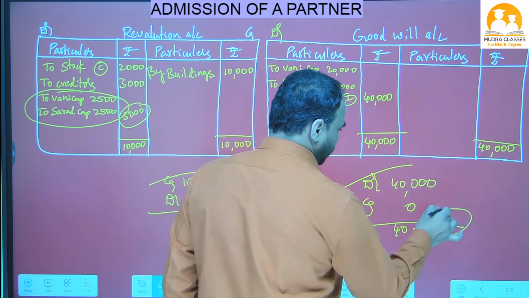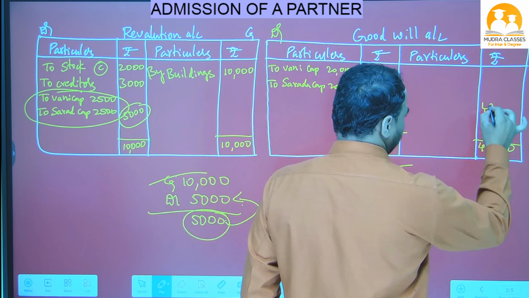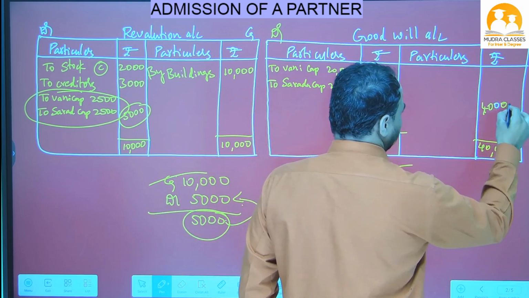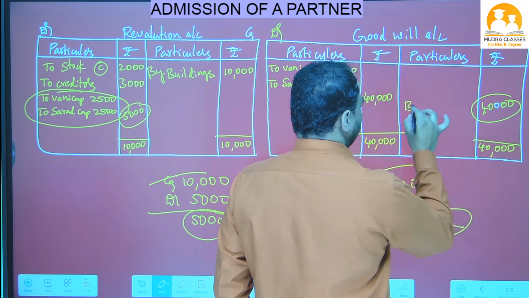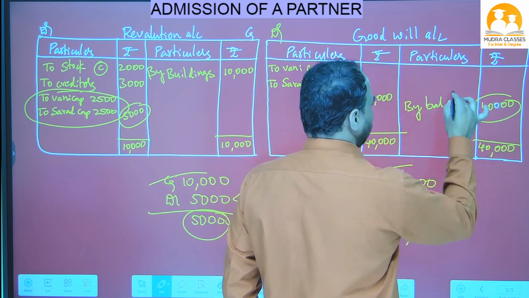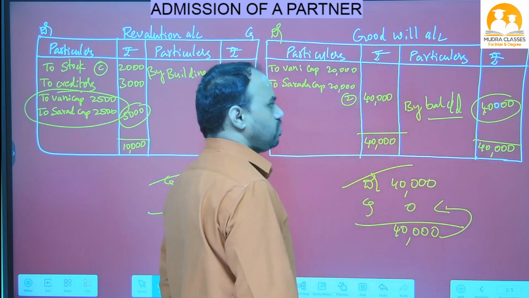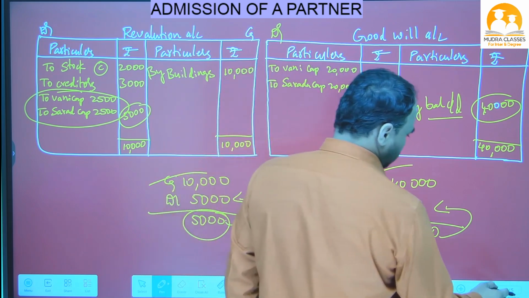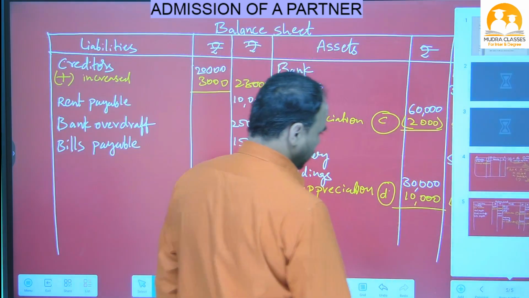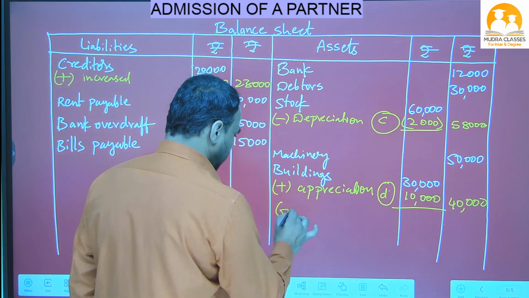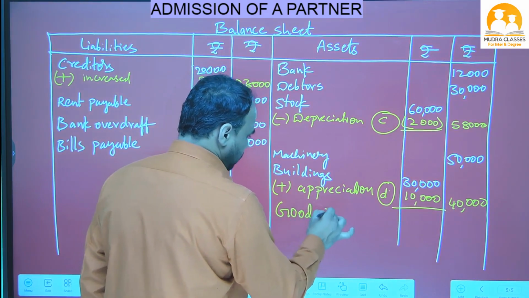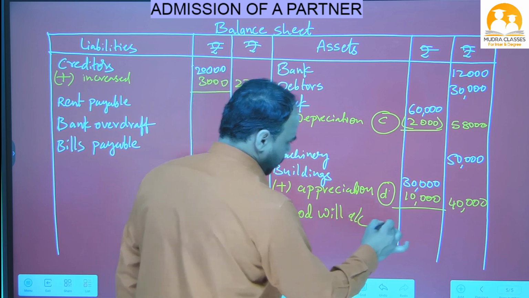So this one we have to write on the credit side because credit side is the small amount. This is called by balance carried down. So in this problem, goodwill account we got balance carried down. So on the balance sheet asset side we have to write goodwill account 40,000 rupees.